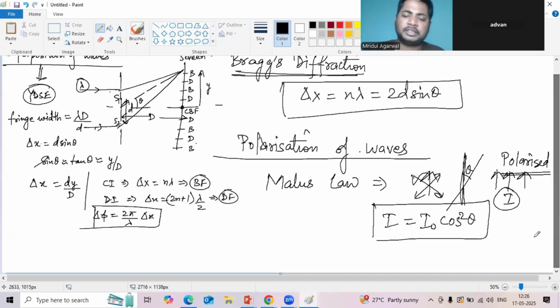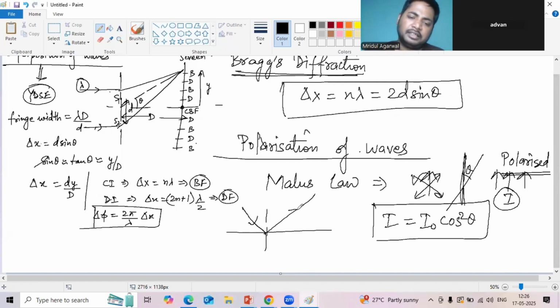One more law is there, that is for the reflection and refraction cases. So what happens in the reflection and the refraction cases? If your light is there and it refracts like this, and if the angle between the reflected and refracted rays is 90 degrees, then the reflected light will be polarized light.